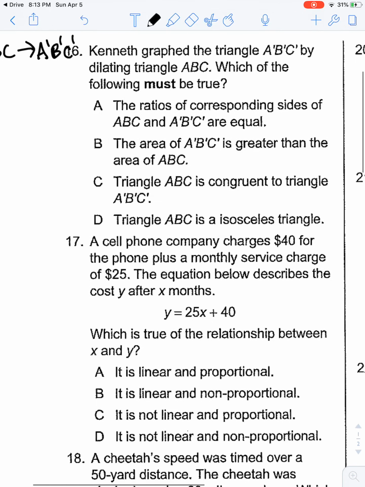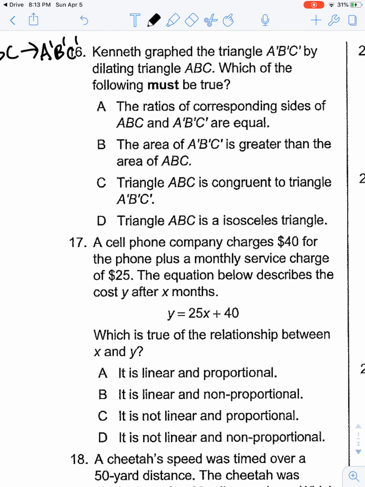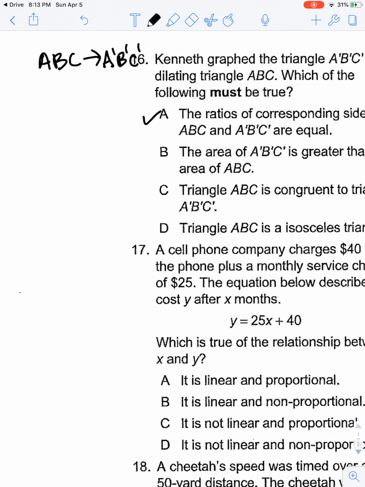Well, if he's dilated it, the ratios will be the same. So A seems to be the correct answer. Let's check the other ones. B says the area of A prime, B prime, C prime is greater than the area of A, B, C. Now that might make sense to you if the dilation was larger than 1. But remember, a dilation can also be less than 1.